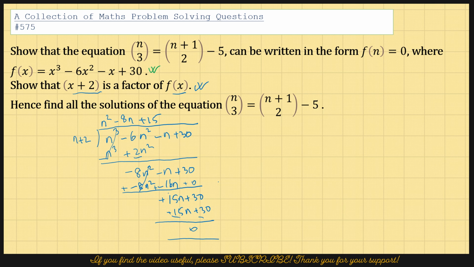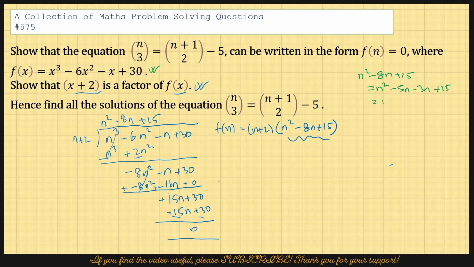So f(n) can be written as n plus 2 times n squared minus 8n plus 15, and we can factorize this further. So n squared minus 8n plus 15 we can say is n squared minus 5n minus 3n plus 15, because 5 times 3 is 15.